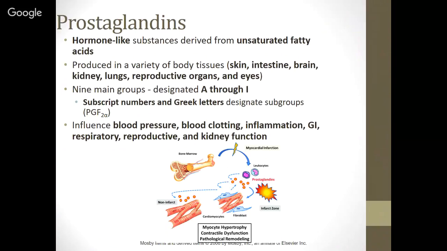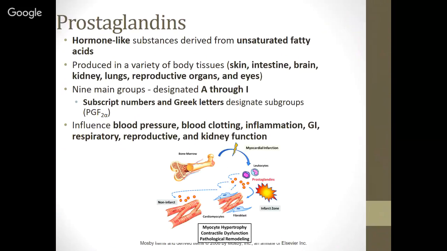Prostaglandins in general influence a lot of things in the body. They influence blood pressure, blood clotting, inflammation, GI function, respiratory function, reproductive, and kidney function. Now, we talk about prostaglandins often when we're talking about inflammation, and there are some prostaglandins that if we decrease their activity, we can decrease inflammation.